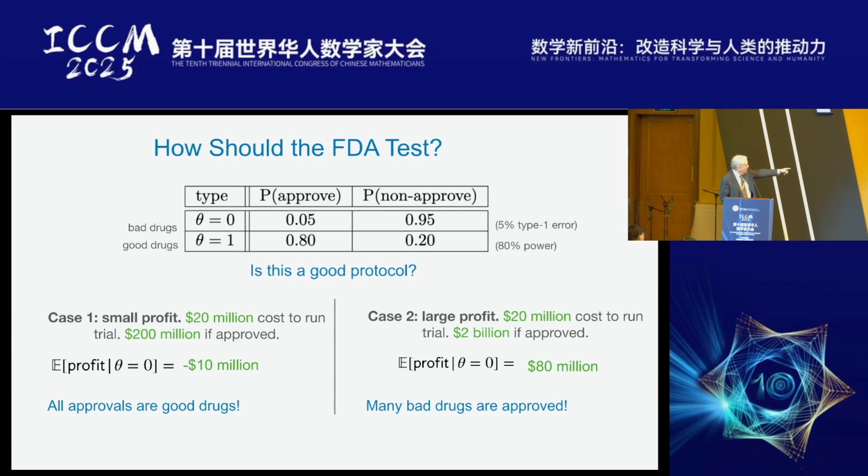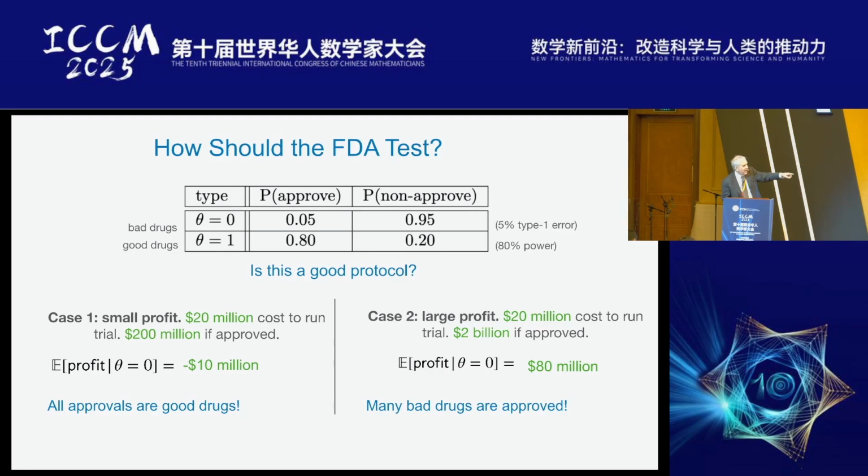But I'm going to make minus 10 million expected value if the drug is not effective. Every time I send one in, I'm losing money because I have to pay the cost of the trial. So I'm not going to do that very often. I'm only going to send really trusted drugs into the FDA, the regulator. That's good. The FDA is mostly receiving decent drugs, and they do an approval process, and only the best of the best go to the market. That would be a good market.